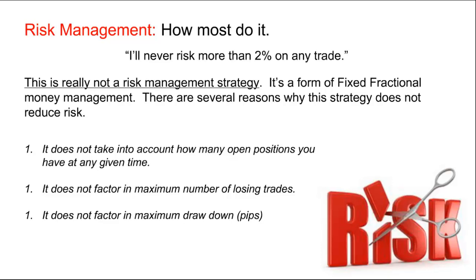It doesn't factor in maximum drawdown in pips. How many total pips am I going to have? Because you have a maximum number of losing trades, right? Let's say the most number of trades I had in a row that were losers was 16. Shoot, let's say it was 6. And inside of those 6 losing trades, I lost about 150 pips.